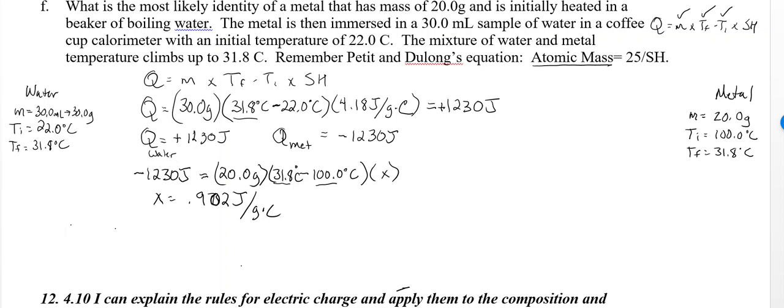We are one step away from the final answer. You ready? Petit and Dulong's 25 over 0.902 equals 27.7.